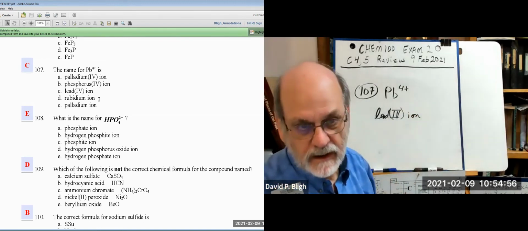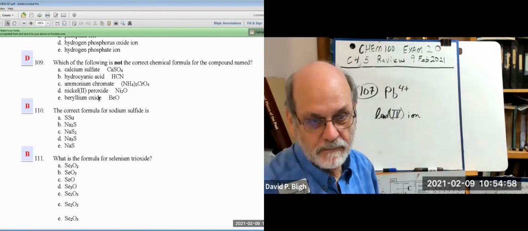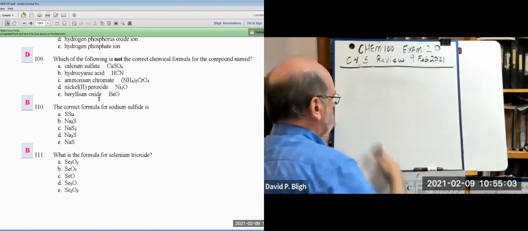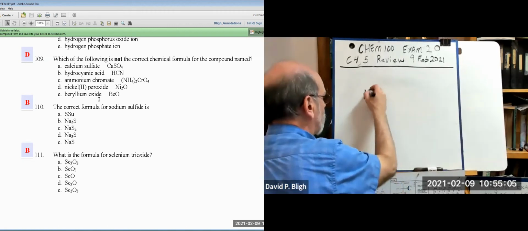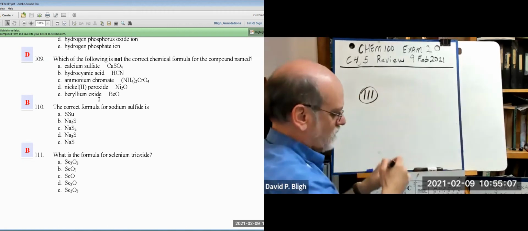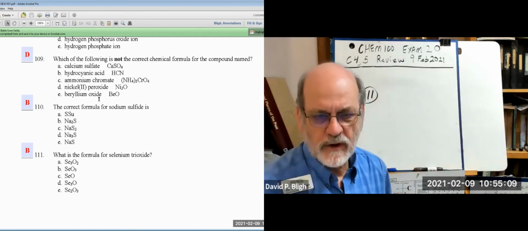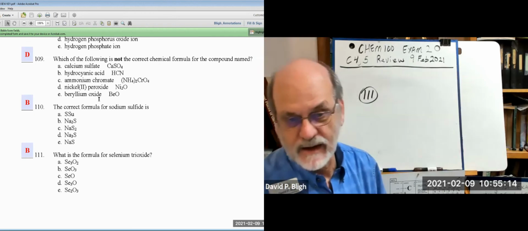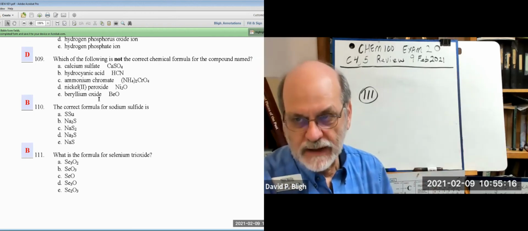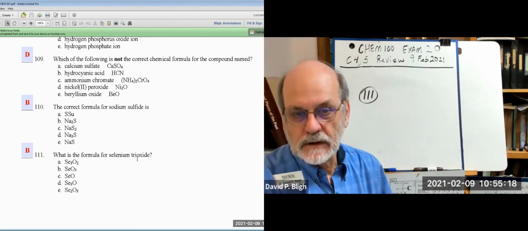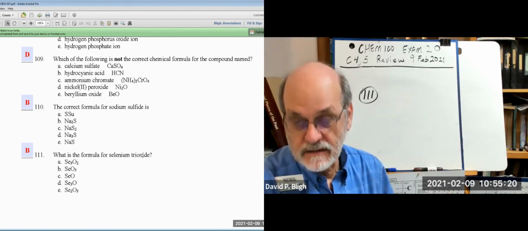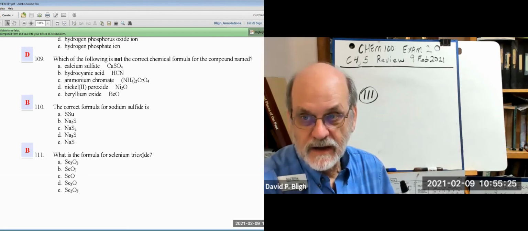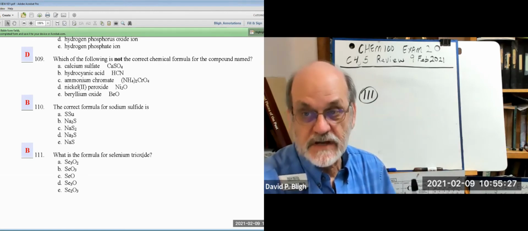All right, 111. What's the formula for selenium trioxide? Okay, this should be a giveaway. If you actually say how many of a part of a compound is, then you're guaranteed it's a type 3.